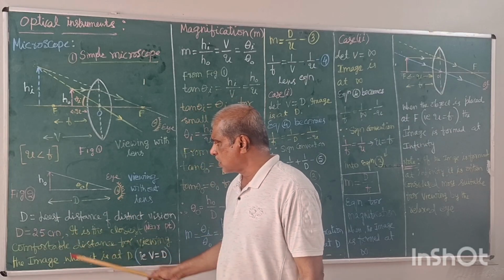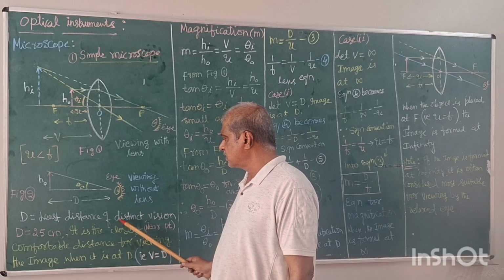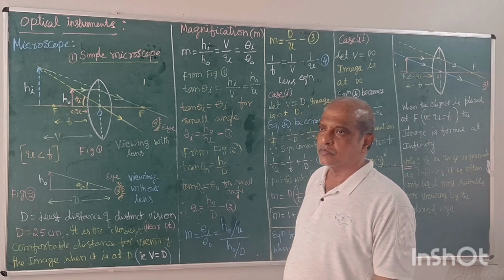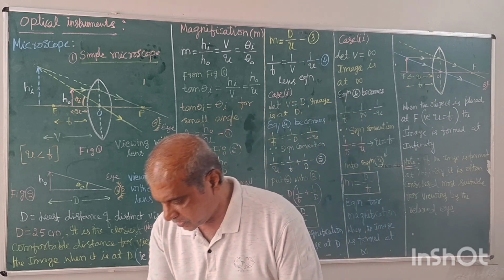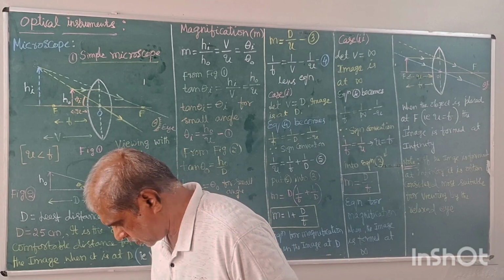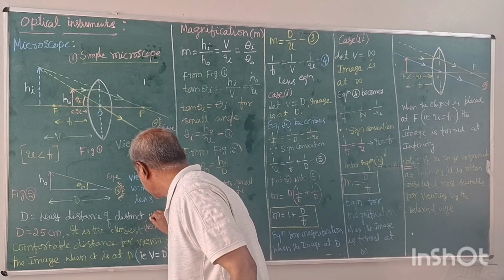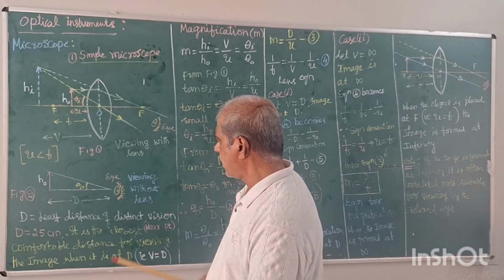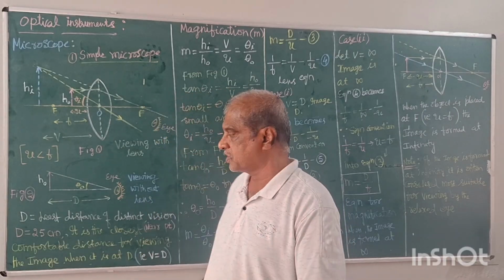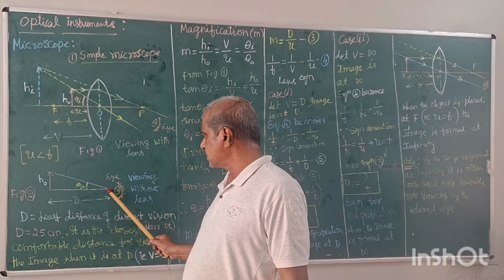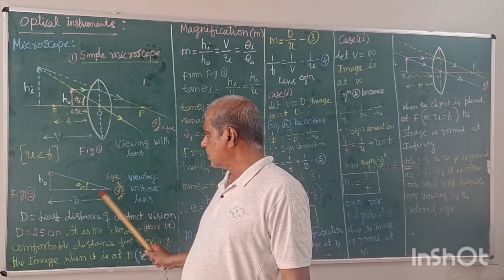This D, this 25 centimeter, is called the least distance of distinct vision. What does it mean? It is also called the near point. What is this distance of distinct vision? This D is the distance between this and this, the distance of the object from the eye. 25 at least.